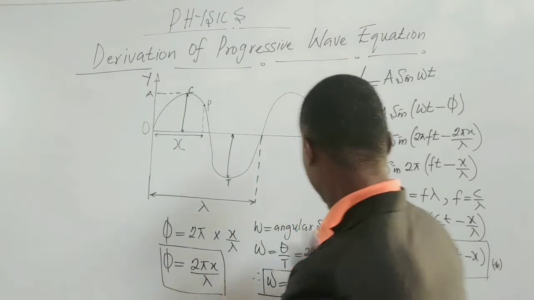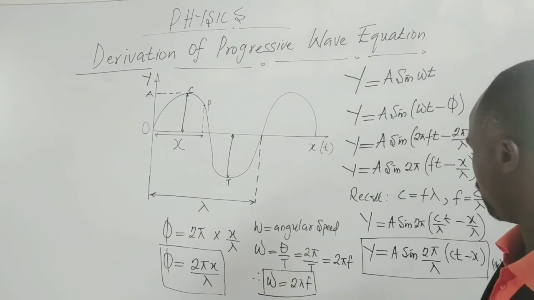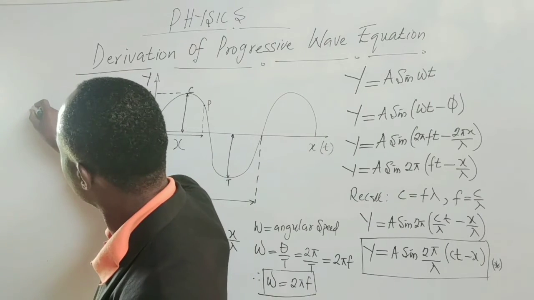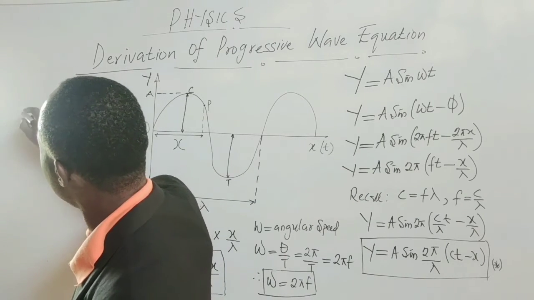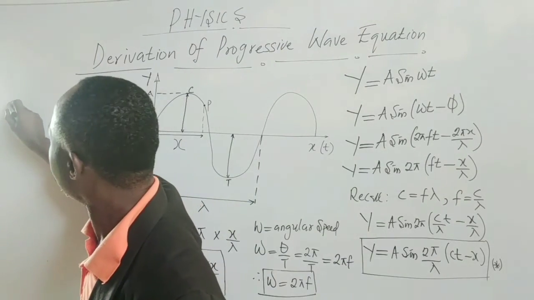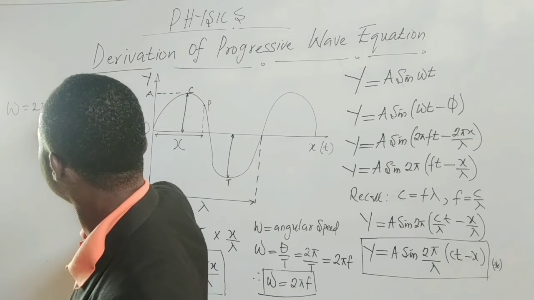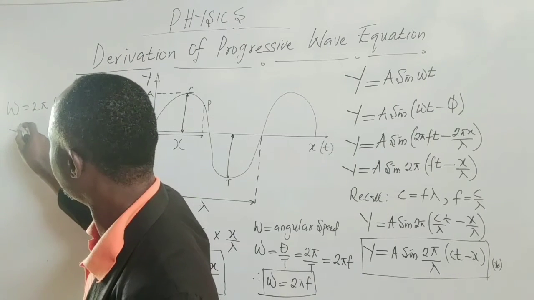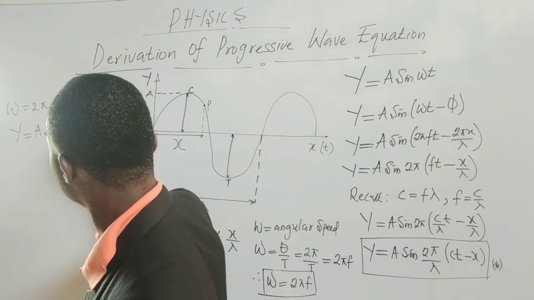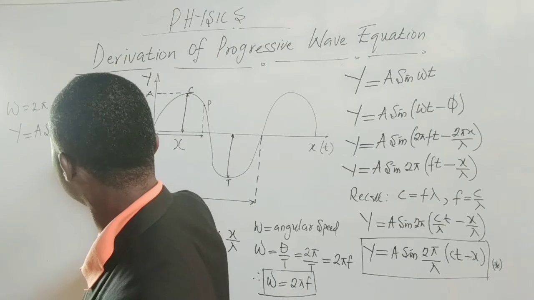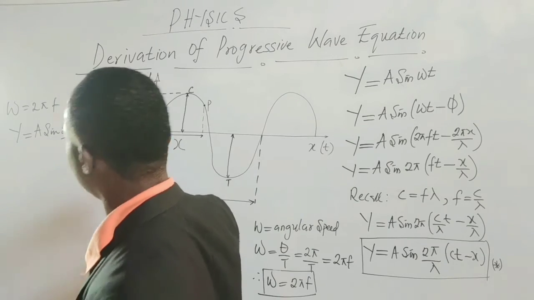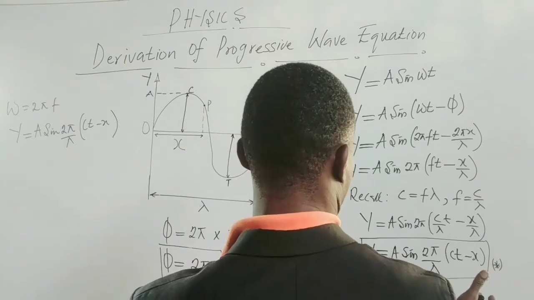We recall that omega, or angular speed, as we have stated before, is given as 2 pi f. Then our relation is amplitude sine 2 pi over lambda, brackets c t minus x, bracket close. That's what we had in the first place, right?